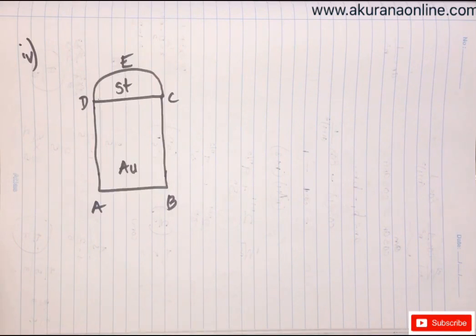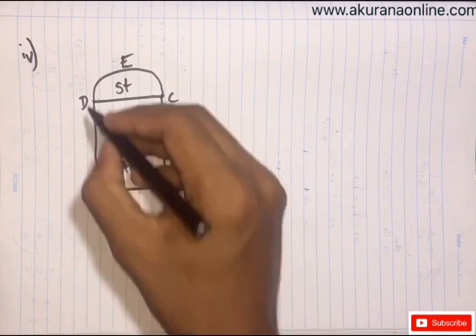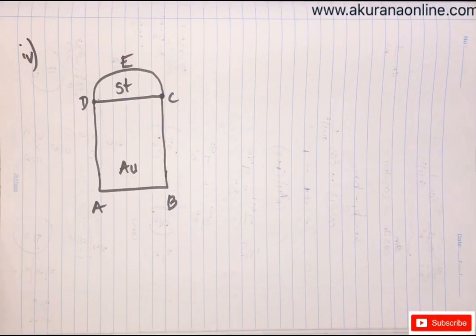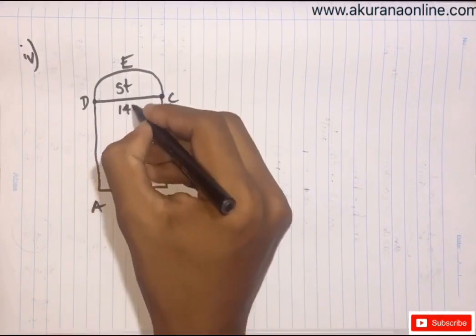Where is C and D? Okay, C and D. They have fixed light bulbs here and here. There is an equal gap of 1.4 meters between the adjacent bulbs on the line CD. Now this length is 14 meters.